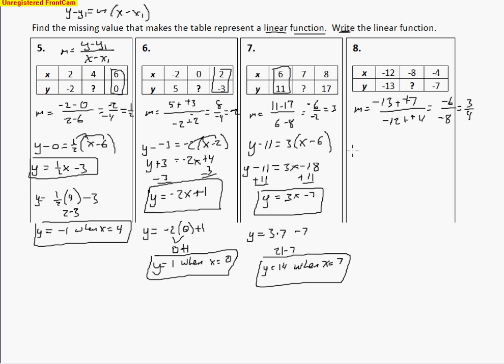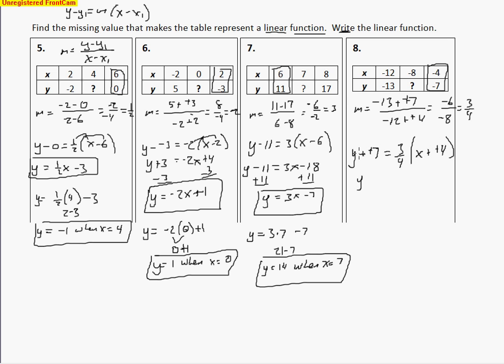So I'll take one of the points. I'll take this point here since it seems smaller. And I've got y minus, and then I'm going to write down y minus negative 7 equals 3/4 times x minus negative 4. So I'll add the opposites.